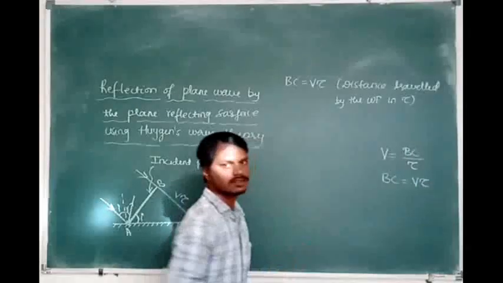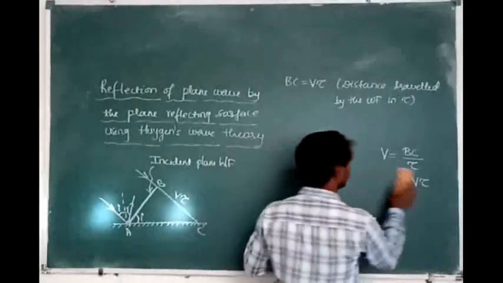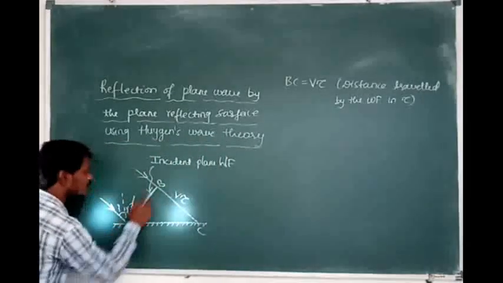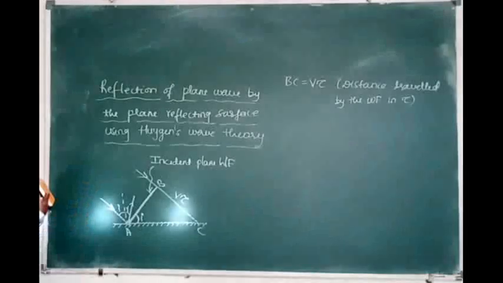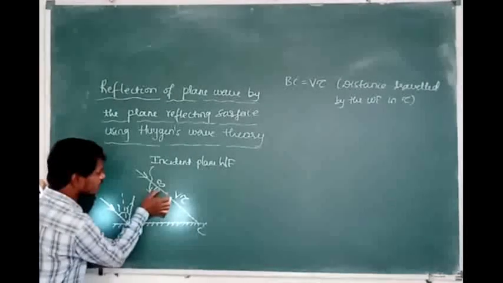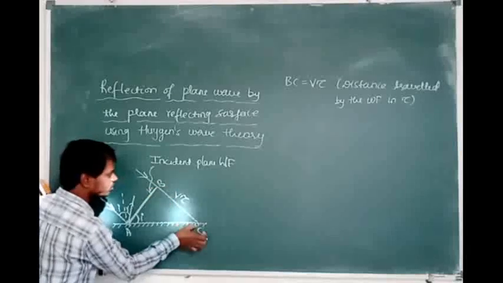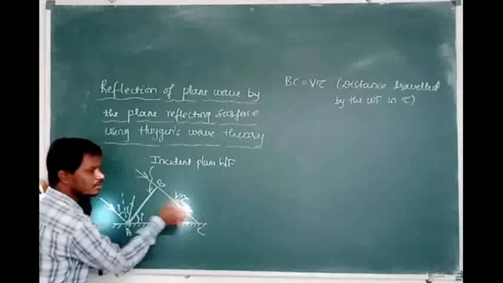By using this concept, in the same time, the secondary wavelet at A undergoes reflection over the same distance. The distance traveled by the secondary wavelet from B to C is v into tau.